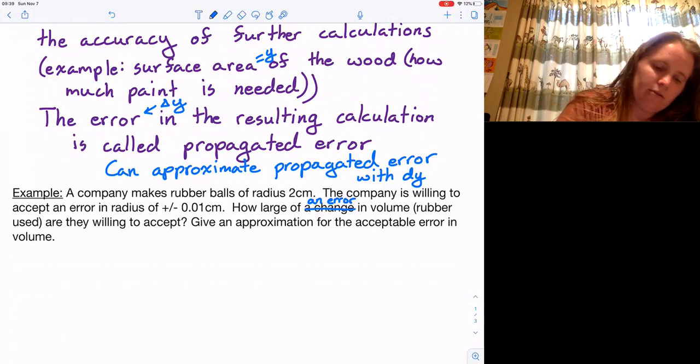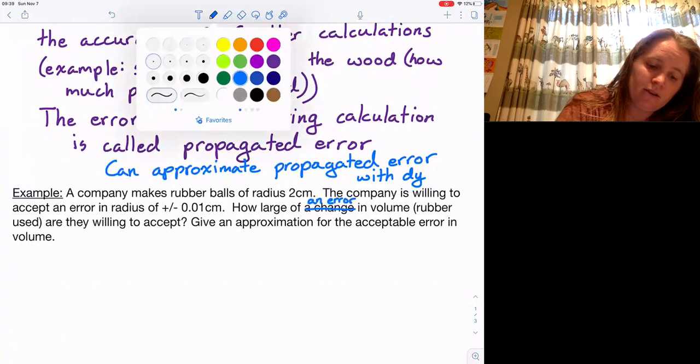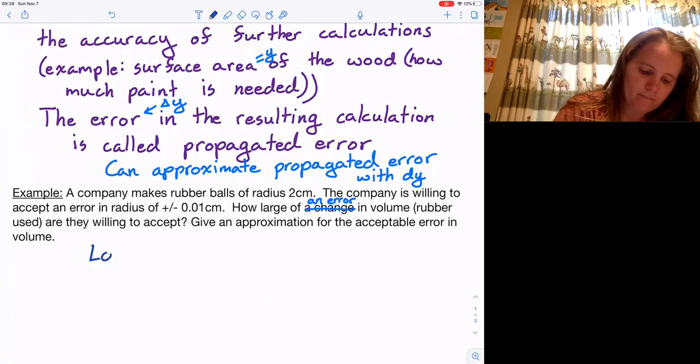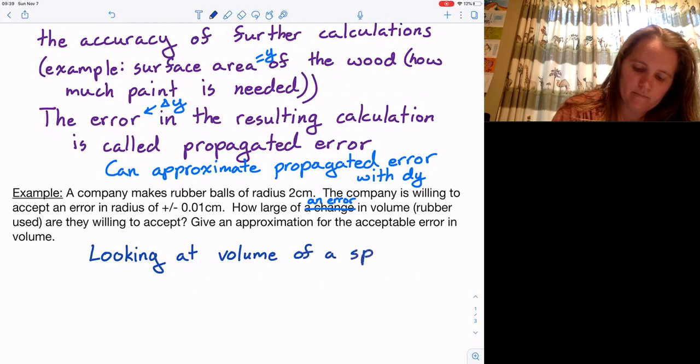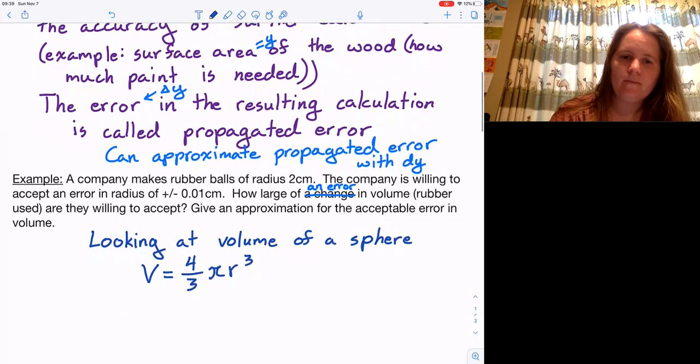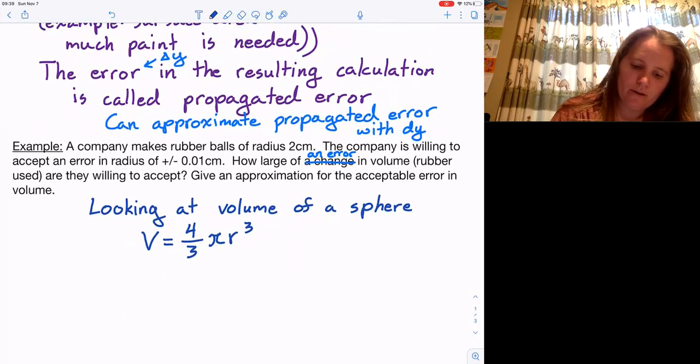So here we're looking at volume of a sphere. Right, so we have V is equal to 4/3 pi r cubed. We're interested in r equals 2 centimeters.